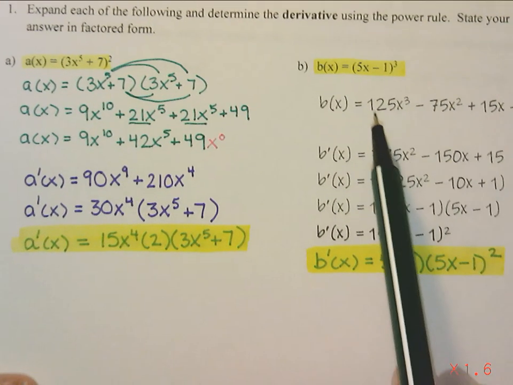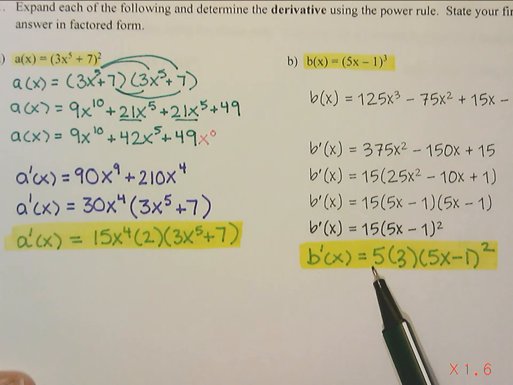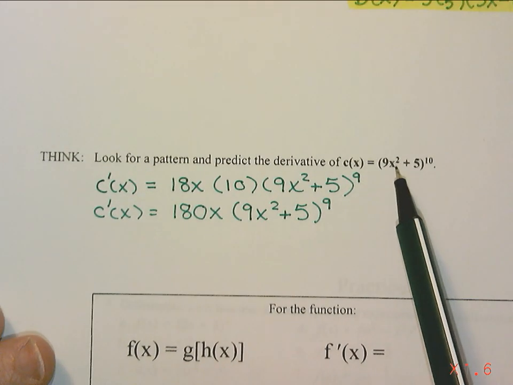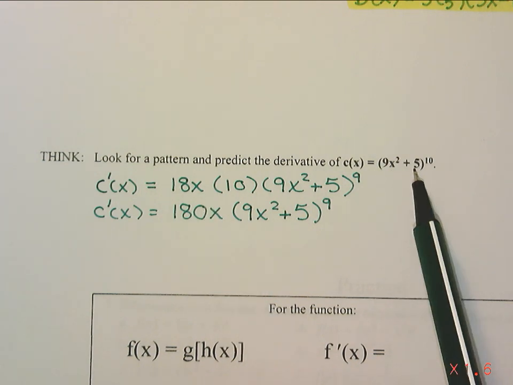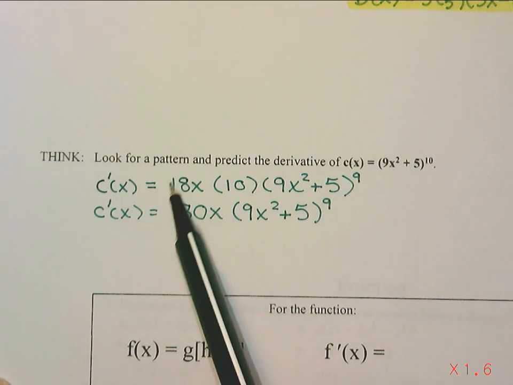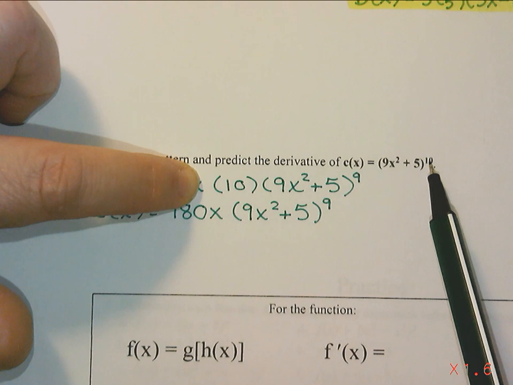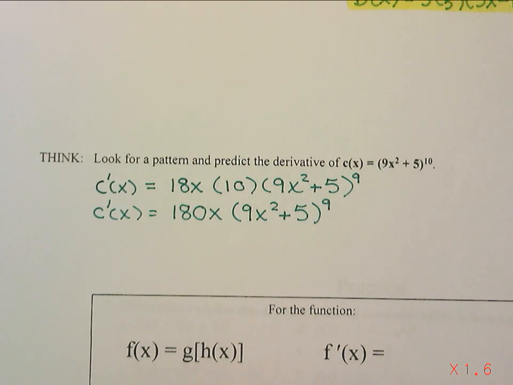And here, the derivative of 5x minus 1 is just 5. So I decided that the derivative of 9x squared plus 5, 9x squared is just 18x, and then the derivative of 5 is 0. So it would be 18x, which was the derivative of the bracket, and then times our bracket with 1 less on the exponent and the coefficient down in front.